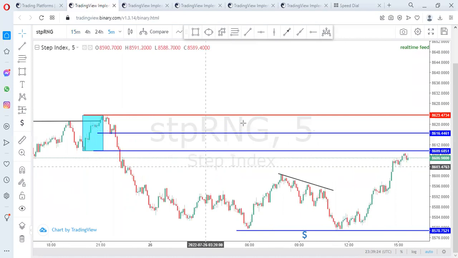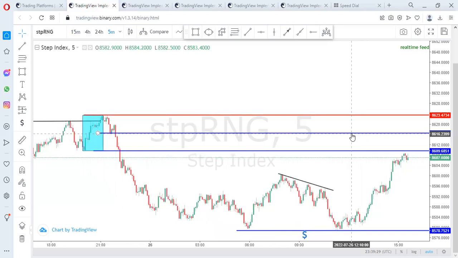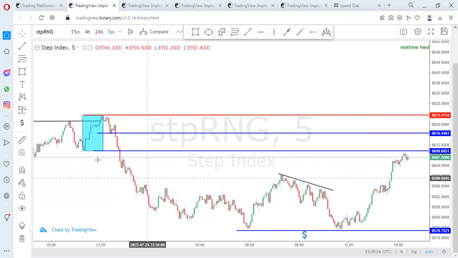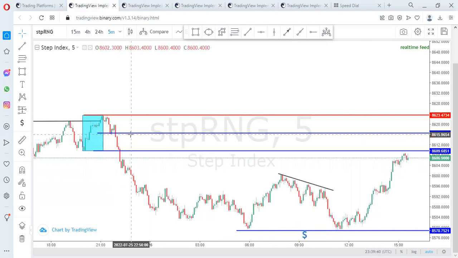You see, on 15 minutes we look for the equilibrium, which is the 50% point of this entire move. And when we go down to 5 minutes, what are we seeing there? We have another institutional candle on 5 minutes, which is giving us a kind of confluence.